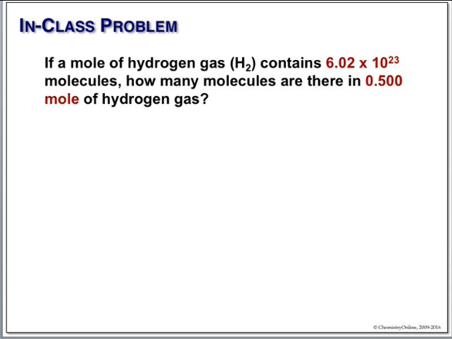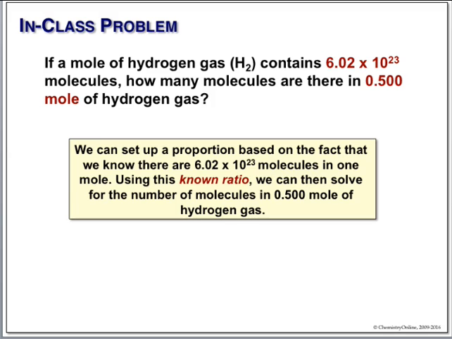Again, we're going to do this with givens and ratios. Our given here is that we have half a mole, right? The ratio we're going to use is 6.02 times 10 to the 23rd per mole.